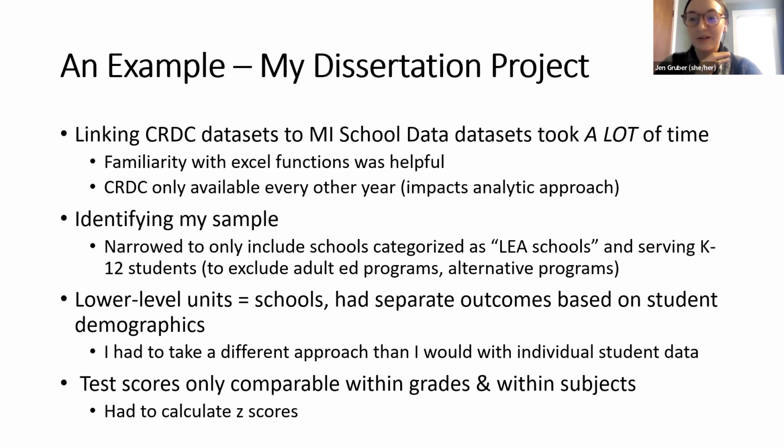So I would technically have to have separate outcomes for a third grader's math score, a third grader's ELA score, fourth grade math scores, fourth grade ELA scores, and so on, for all the grades I'm looking at. In my sample, I was looking at grades 3 through 8, so that would be 10 dependent variables just for test scores. That was a bit unwieldy.